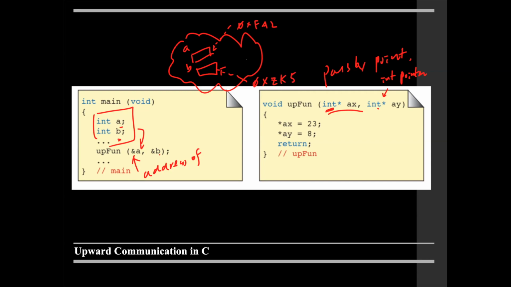I just made those two addresses up, but long story short, you're passing in these addresses, which in and of themselves are integers. Even though this is a hexadecimal, hexadecimal is really just a number, which is an integer. So you're passing an integral value into this downstream function called up function.